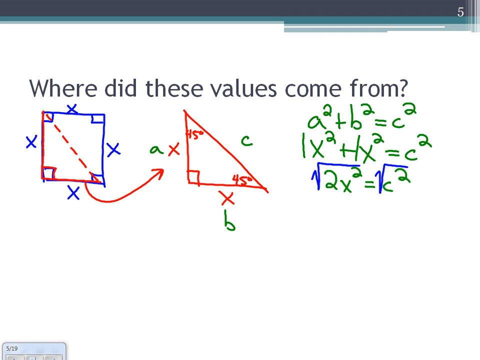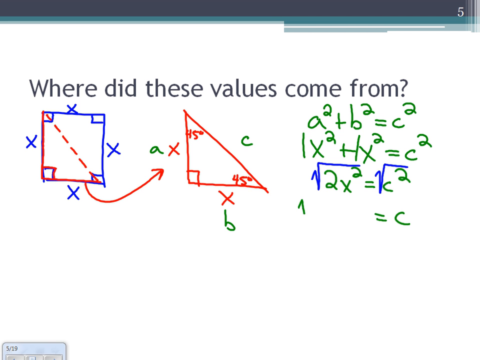Okay? On the right side, I have the square root of C squared. So what do I get left? I just get C, because they cancel out. Does that make sense? On the left side, what I want you to do is break it apart.